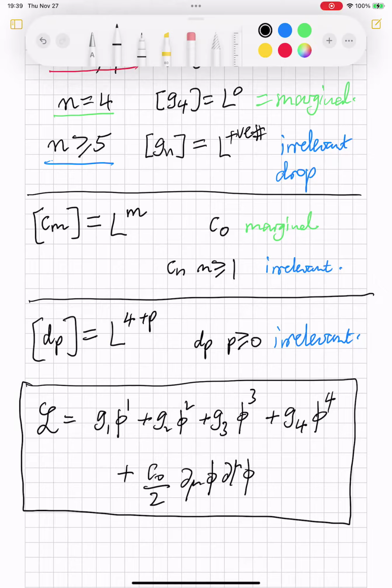And what we find is the result that's shown at the bottom of the page, that at low energies, this theory has a total of 5 undetermined parameters, regardless of what theory you started off in the ultraviolet. Of course, this is all assuming that we're at weak coupling, so that the dominant effect in the RG flow is just given by dimensional analysis. But what a beautiful result. We'll continue in a moment.